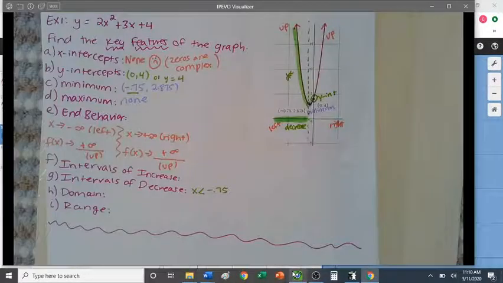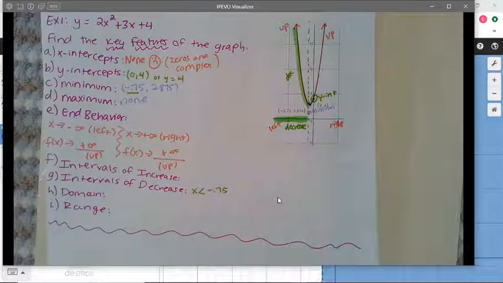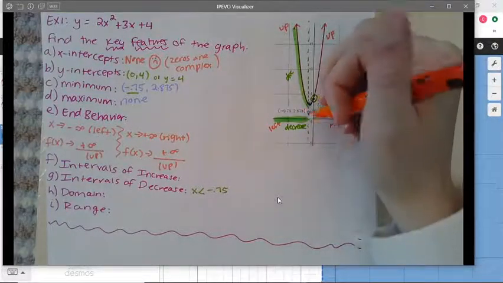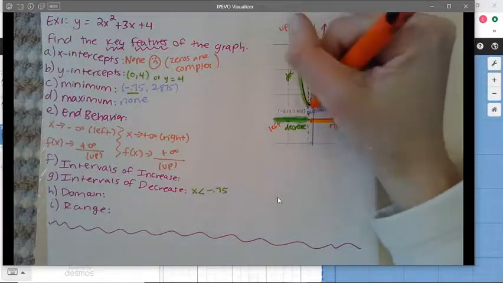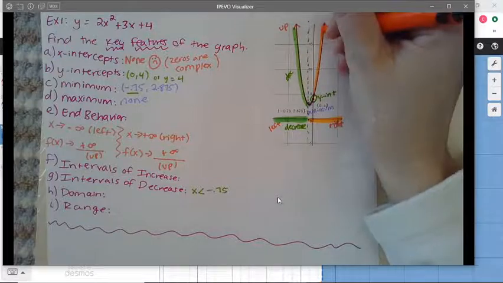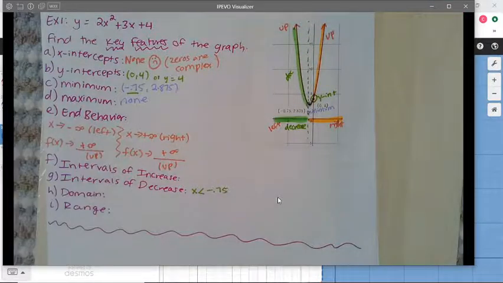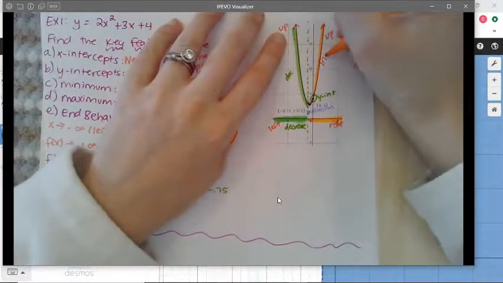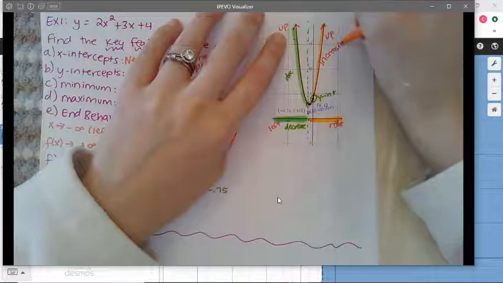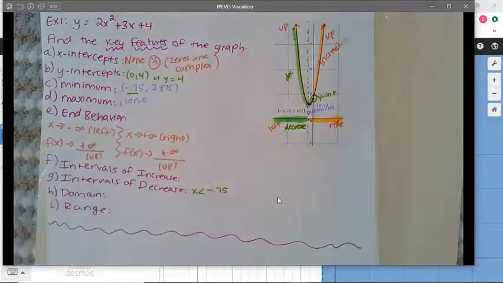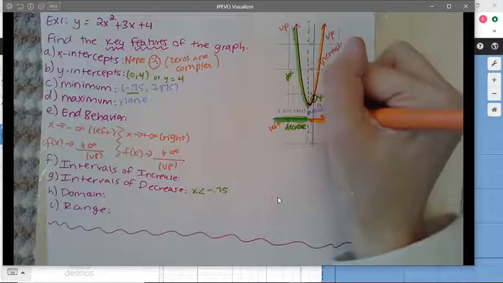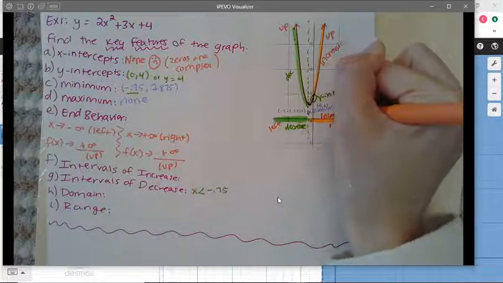Okay, so on here, again, this is where I'm going to be increasing, which I'm going to do in a different color. On this part of the graph, this is where the graph is increasing. Oh, sorry, I have tape on my paper, so it's not letting me write it. So these are the x values that make the graph increase.